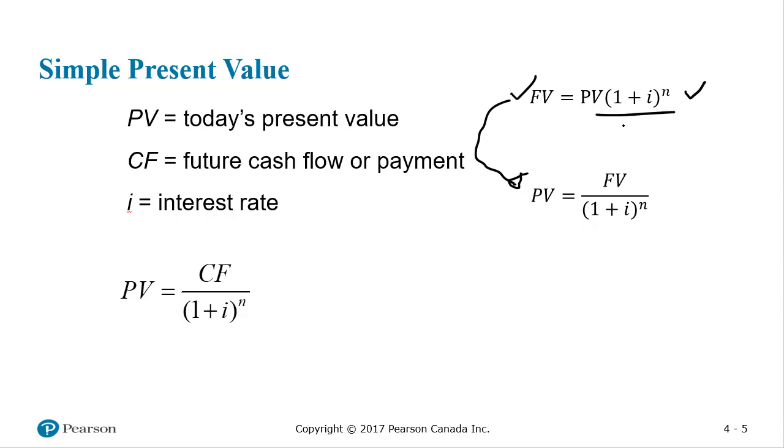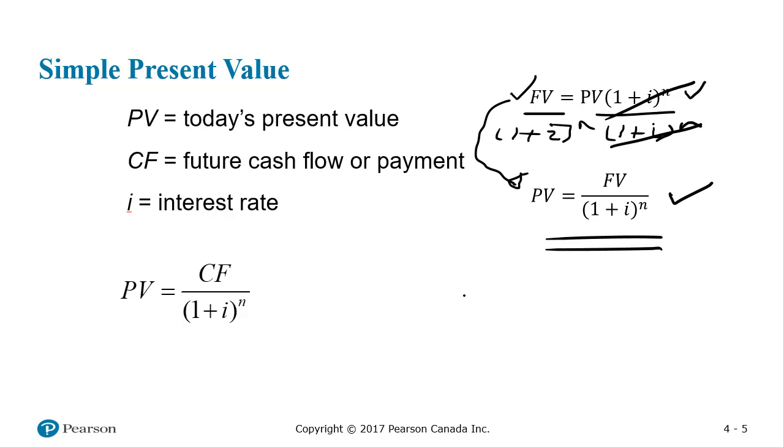We divide the right-hand side by 1 plus I to the n, and we divide the left-hand side by 1 plus I to the n. And you can see then that this crosses out. And then we just rearrange left side to right side. Present value equals the future value divided by 1 plus I to the n. So that's the algebraic formula.